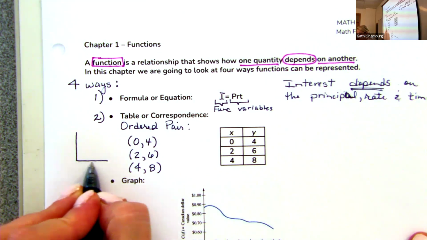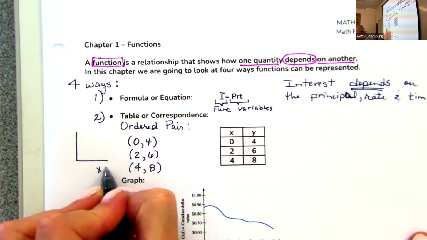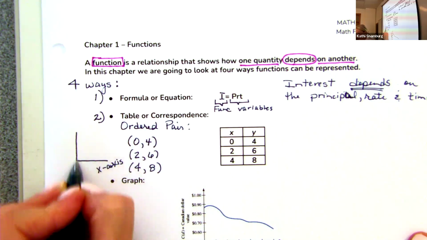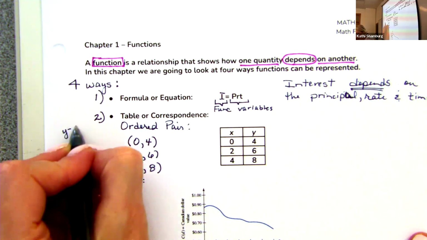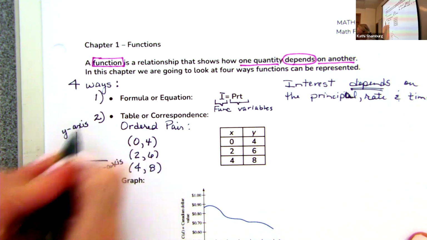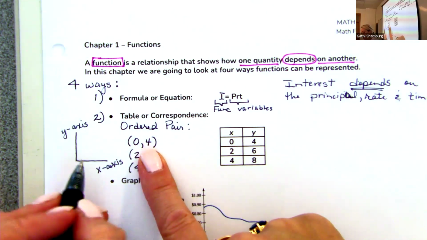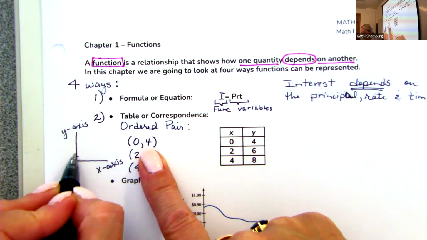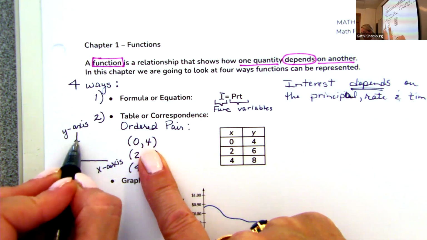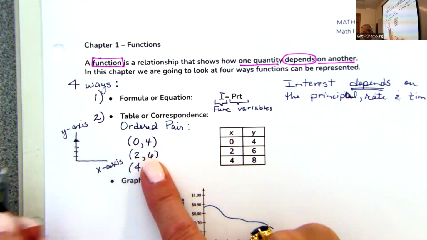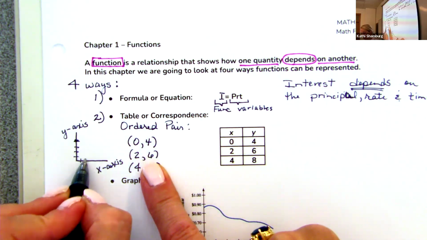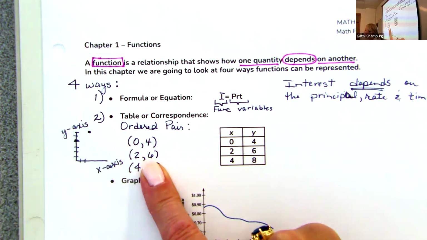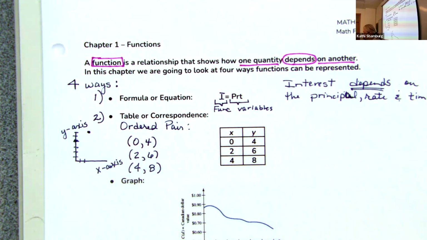So the horizontal line is known as the x-axis, and the vertical line is known as the y-axis. So like the ordered pair 0, 4 would mean on the x-axis, you don't go anywhere, and then you would go up 4. So that point would be right there. And then 2, 6 would mean go over 2 and then up 6. And so that point would be right there, and so forth.